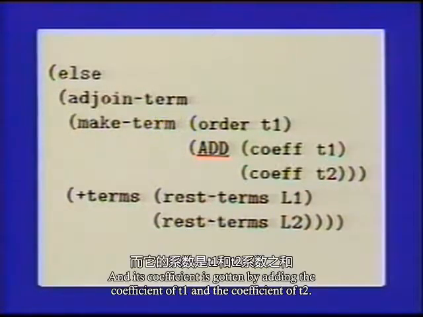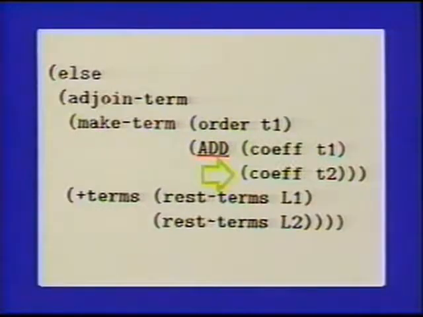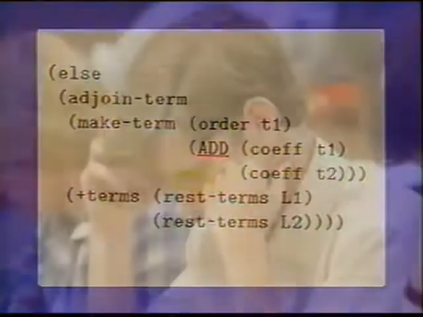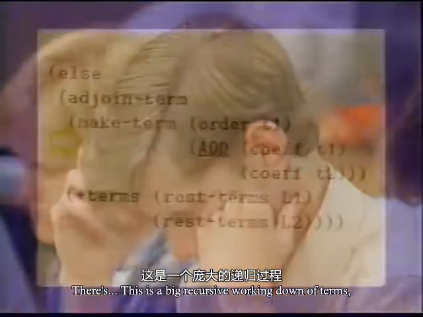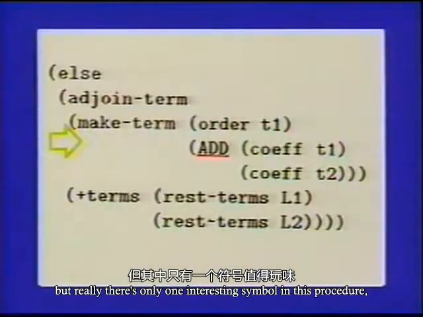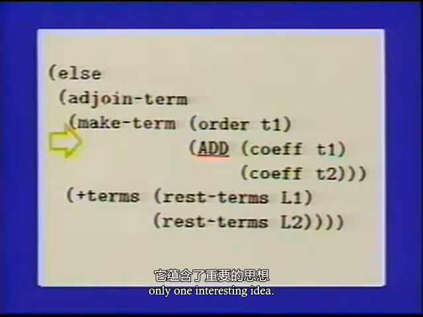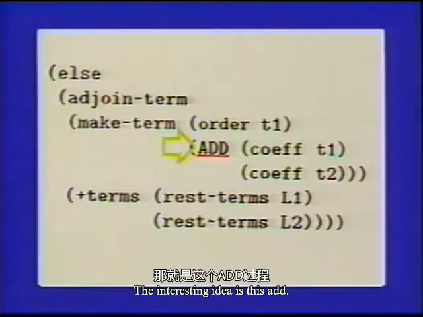That's its order. And its coefficient is gotten by adding the coefficient of T1 and the coefficient of T2. This is a big recursive working down of terms, but really there's only one interesting idea in this procedure. The interesting idea is this add.